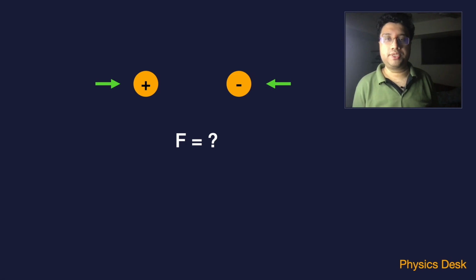Now the important question is, what is the magnitude of force with which these charges attract or repel each other? And how does that force vary with charge magnitude and distance between them? Well, for this we have an important mathematical tool known as Coulomb's law.